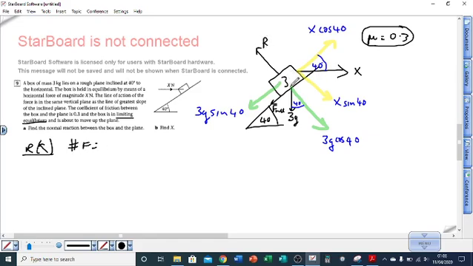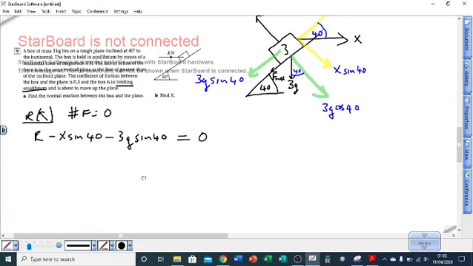It's not accelerating out, it's not sinking in, so the sum of the forces is equal to 0. The only positive force I've got is R, and the two opposing forces are the X sin 40 and the weight component, which is 3g sin 40. And we know the sum of those forces is equal to 0.